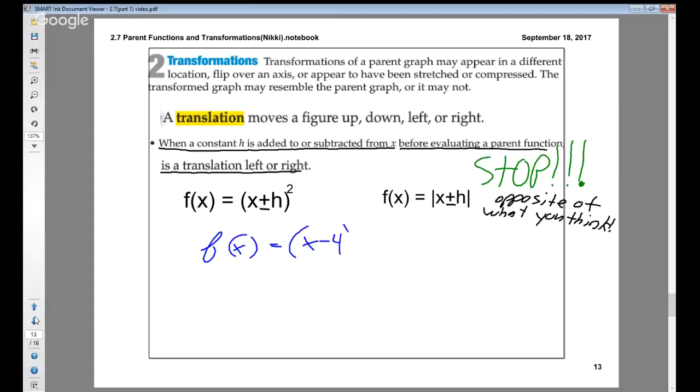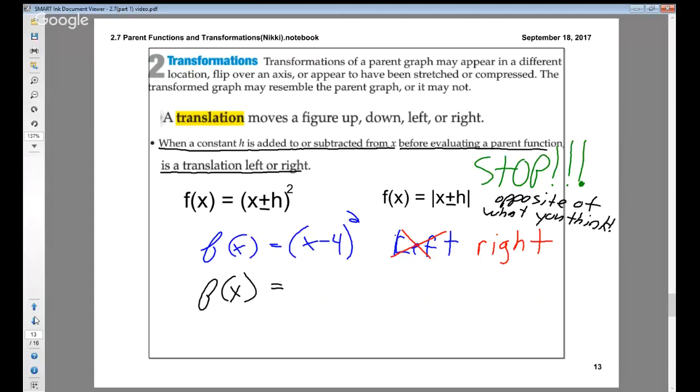When I had x minus 4 squared, and all that inside the parentheses, you're probably going to think that the minus sign means that you're going to move to the left. But remember this trick. It's the opposite of what you think. So in other words, the minus sign inside the parentheses means I'm actually going to move to the right, not the left.